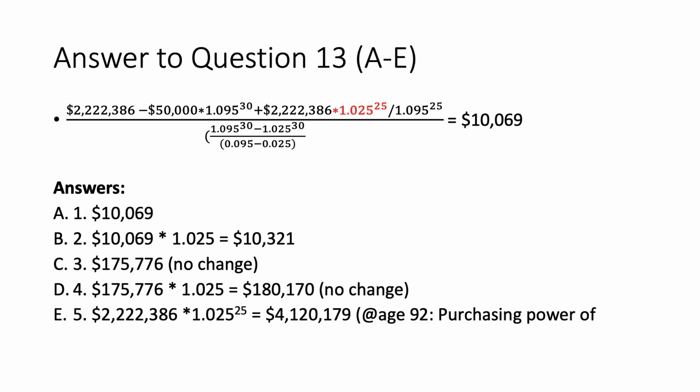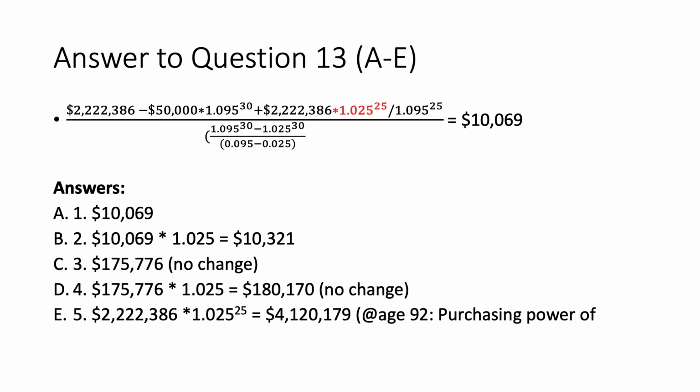So here's the answers. Notice C and D, there's no change there. But what's different is in answer A, he has to put away $10,069. In answer B, next year he puts away 2.5% more than $10,069. But look at the last answer at the bottom there.